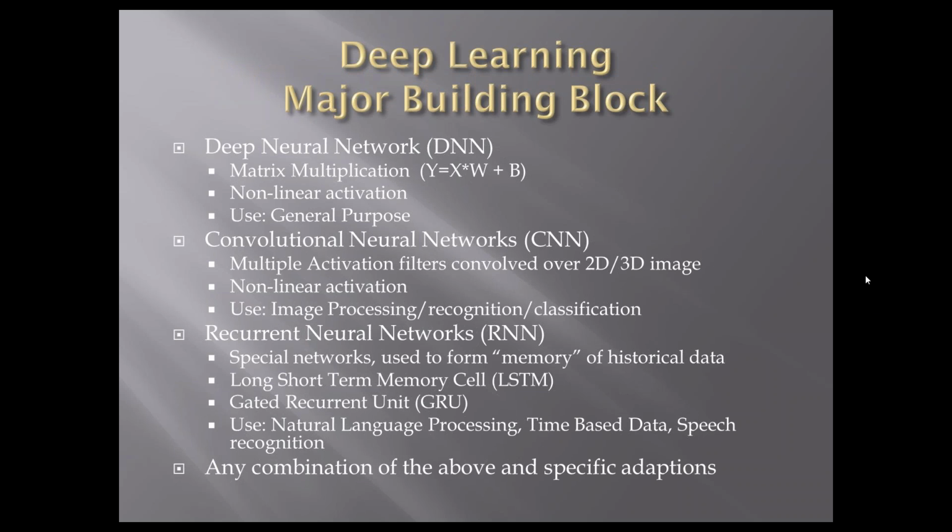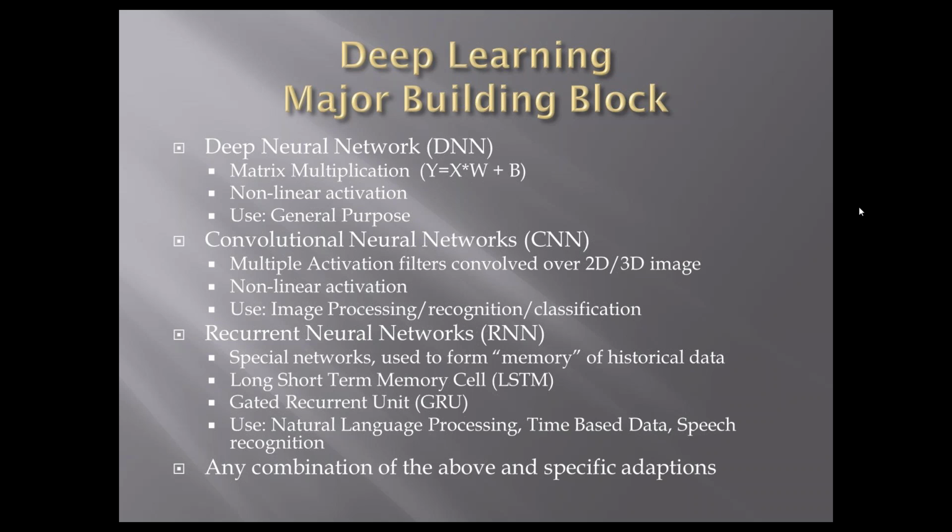Now, deep learning, the nice thing about some of the tools that are coming out today is that they're what I call building blocks. So what is happening is these small structures or cells are coming out that have certain advantages over other cells. In the case of deep learning, there are probably three major structures that exist.